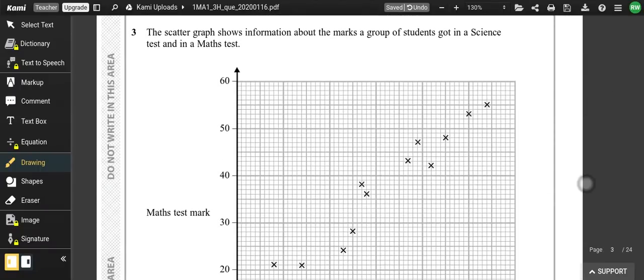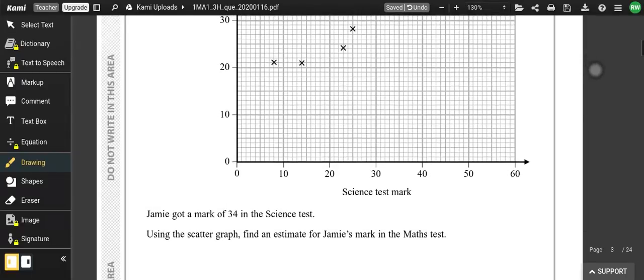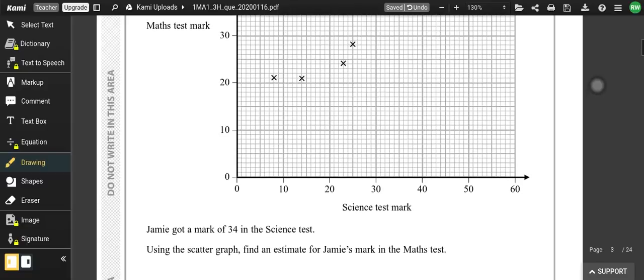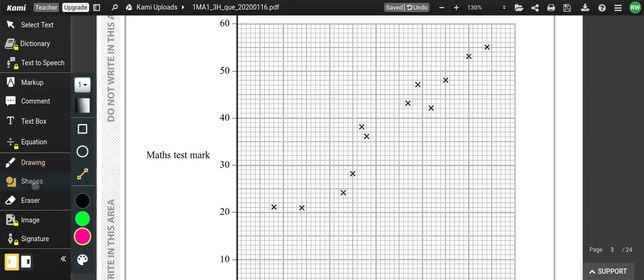Okay, scatter graph. Jamie got a mark of 34. Find his mark in the math test. Okay, so we need a line of best fit here. And in order to do that, we need to try to get the same number of points on either side of the line.